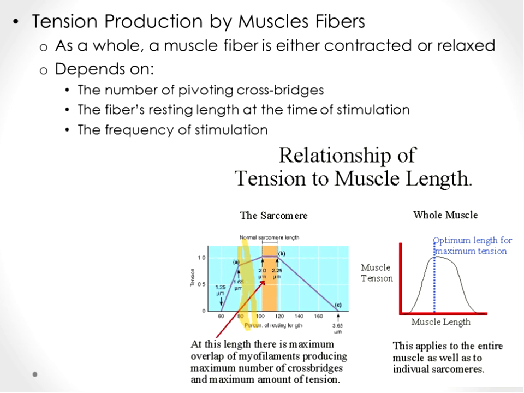I'm going to get a more powerful force. Okay? So that's one of the ways I can make a muscle contract in a stronger, more forceful way when I look at one muscle cell, one contraction, and the amount of force it puts out.